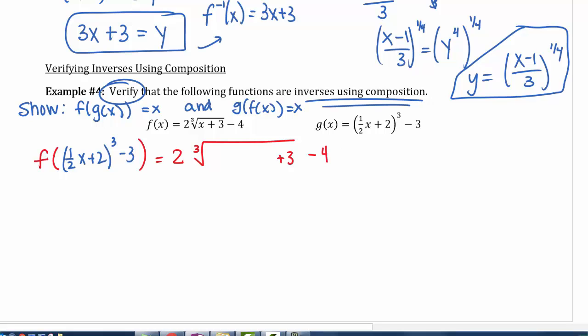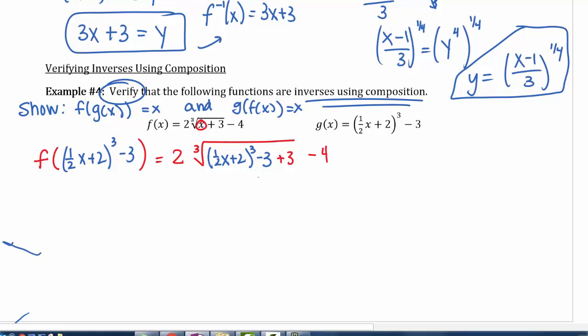So I have to just change x to 1/2 x plus 2 to the third power minus 3. We're just substituting it in for x. Every other number that we have has to stay the same. Then I have to simplify this so it equals x.